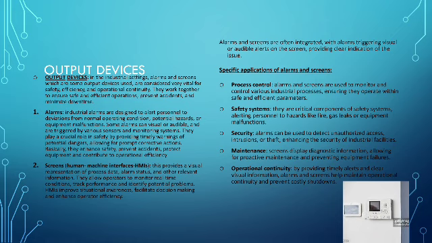Alarms and screens are often integrated, with alarms triggering visual or audible alerts on the screen, providing clear indication of the issue. Their specific applications include process control, safety systems, security, maintenance, and operational continuity.